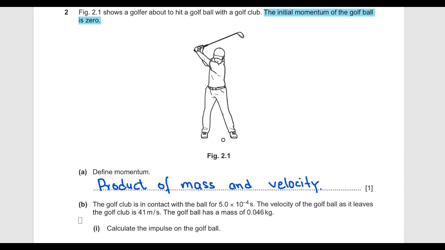And the next part is saying that the golf club is in contact with the ball for 5 times 10 raised to power negative 4 seconds. The velocity of the ball as it leaves the golf club is 41 meters per second and the mass of the ball is 0.046. We have to get the impulse of the ball. To get the impulse, let me just clear some facts over here: initially this ball is at rest and the momentum of this ball initially is 0.